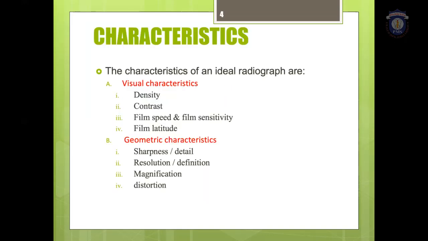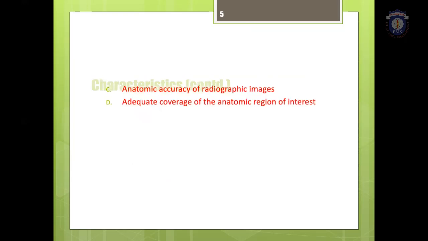Coming to the visual characteristics, they are subdivided into density, contrast, film speed and film sensitivity, and film latitude. The geometric characteristics are divided into sharpness or the detail of an image, the resolution or definition, magnification, and distortion.